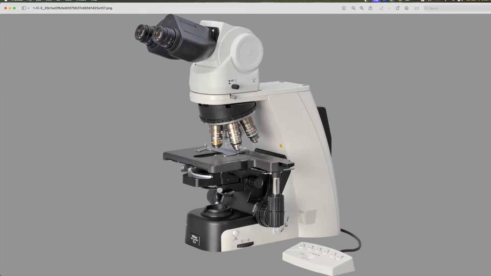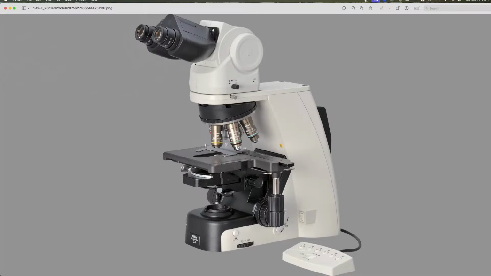They will usually be at different magnifications depending on the purpose of the microscope. In this case, these particular microscopes come with a 5, 10, 20, 40, 60 and 100X, and the 60 and 100X are oil immersion, meaning you need oil instead of air between the slide and the optic.